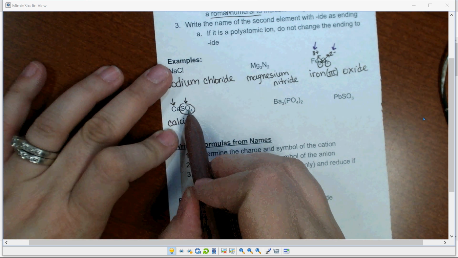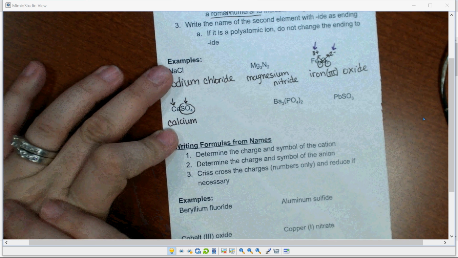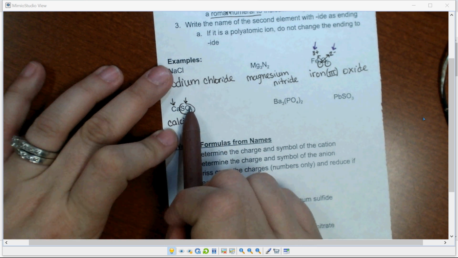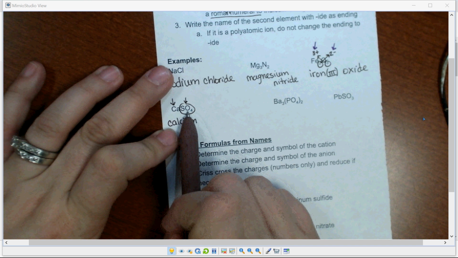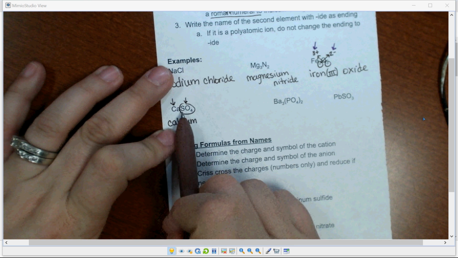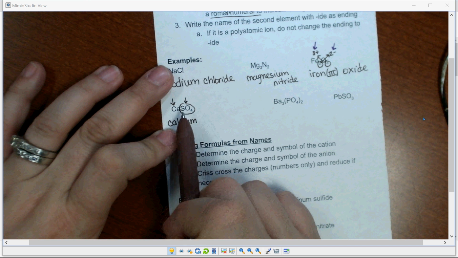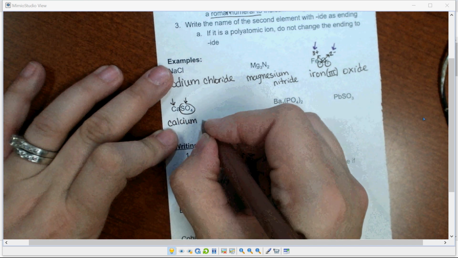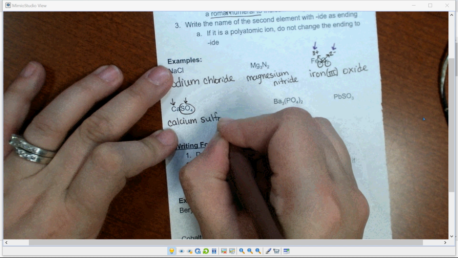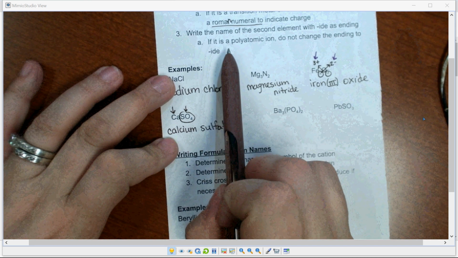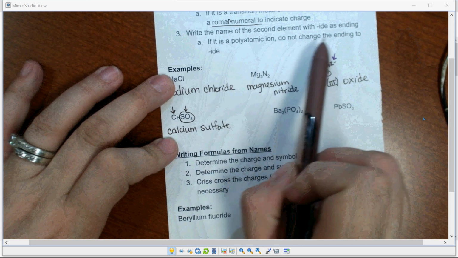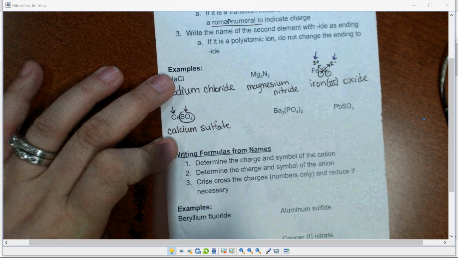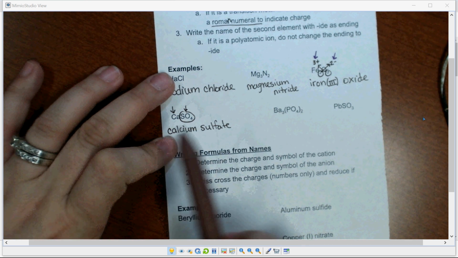I have an S and I have an O. So that falls into that polyatomic ion category. And you are supposed to have been working on memorizing these, and so when you look this guy up, you find that the name of the cluster of elements that's S with 4 oxygens is called sulfate. And so up here in the rule it says if it's a polyatomic ion, we don't change the ending, so you just call it what it is. So that is calcium sulfate.